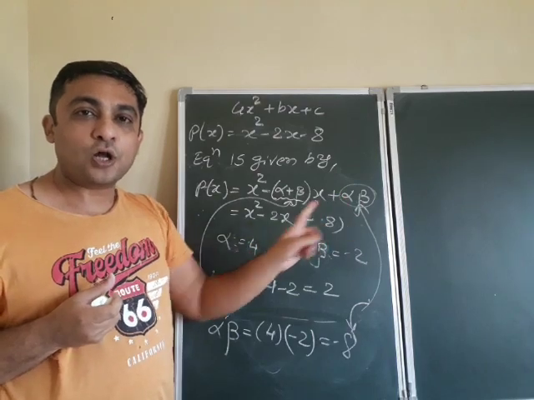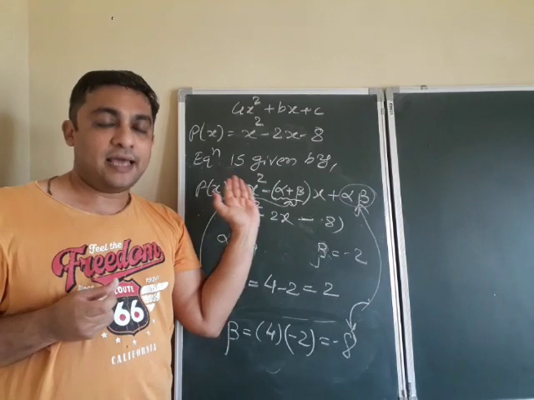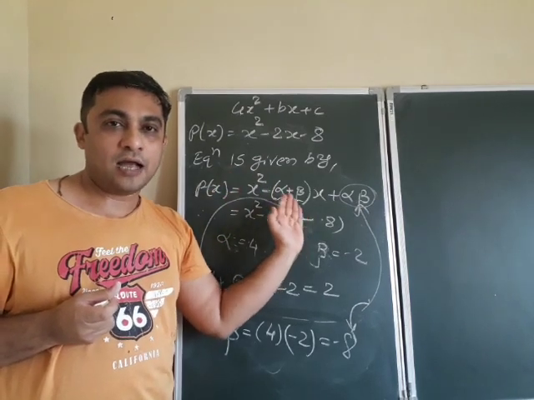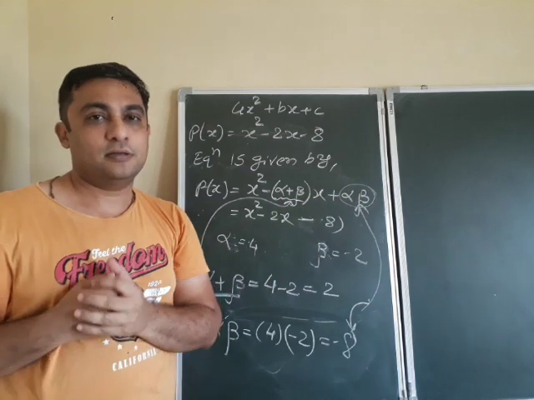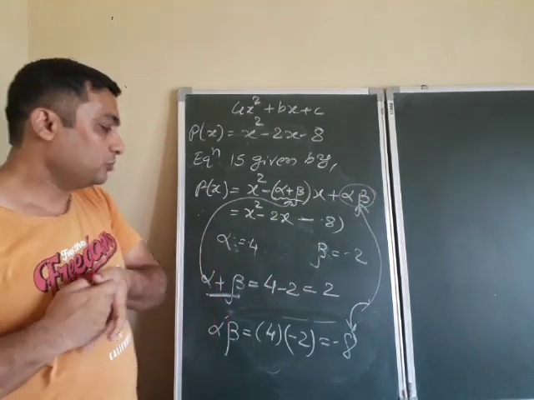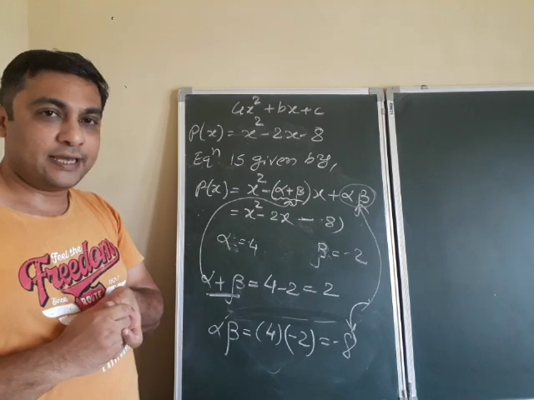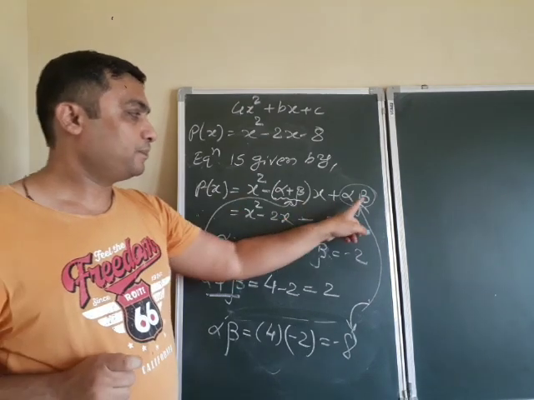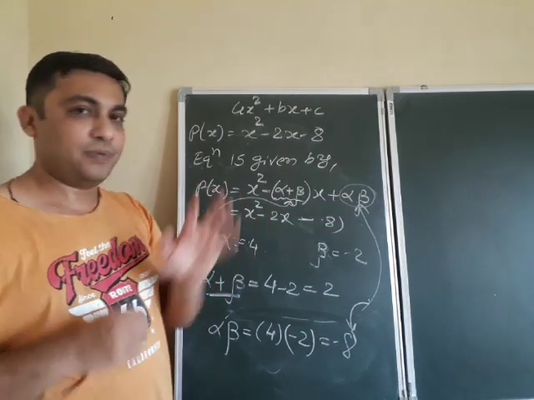By using this formula, you can find your quadratic polynomial. So what is the formula? x square minus alpha plus beta into x plus alpha into beta. Is that followed? Okay. So this is the thing.